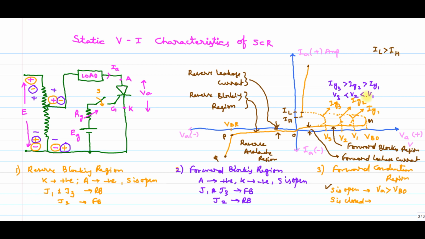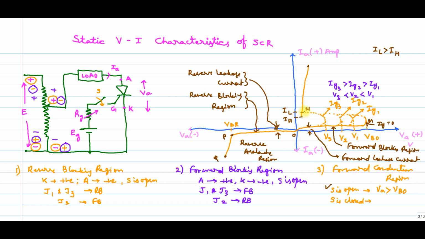Okay, so as we know, this is the way at IG equal to 0. Once this part is over, the region MN, this is M and this is N, is the conduction part. The region MN shows that whenever the thyristor latches into conduction, it is ready to conduct.